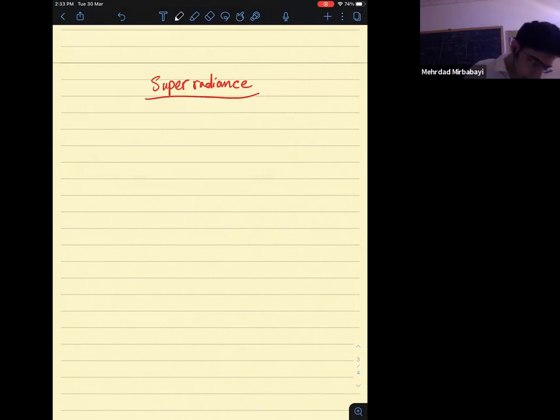We want to consider some objects. So let's say there is a copper cylinder, and we want to rotate it with some angular velocity omega.